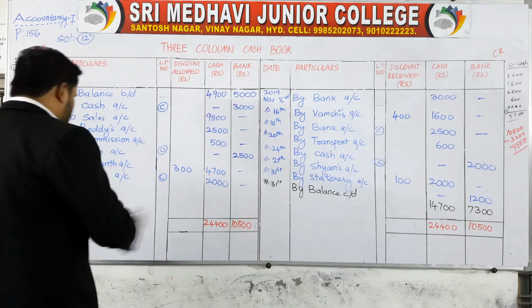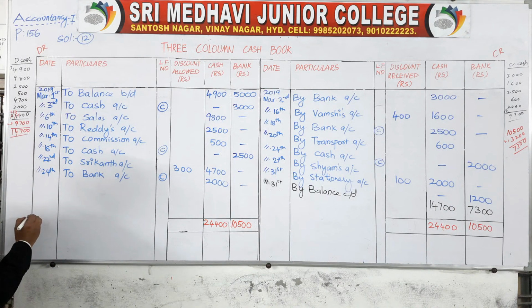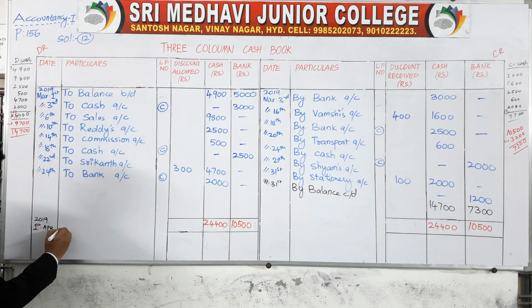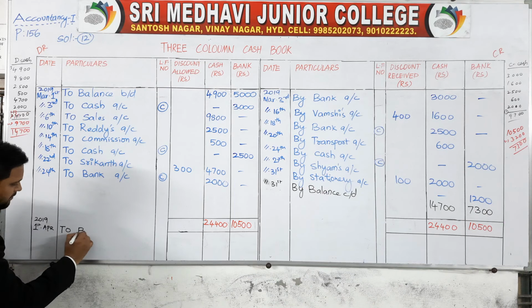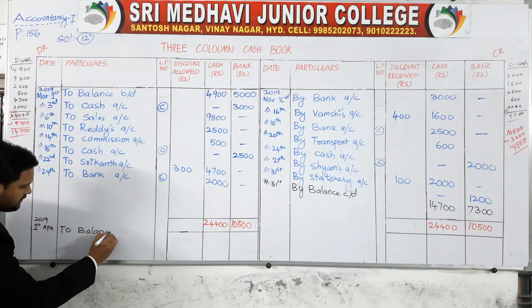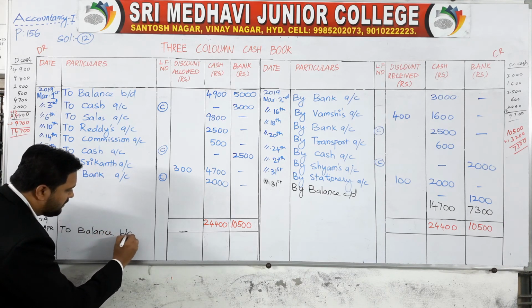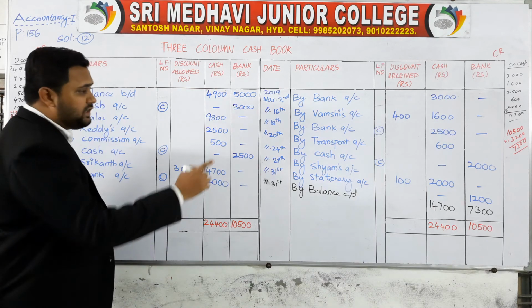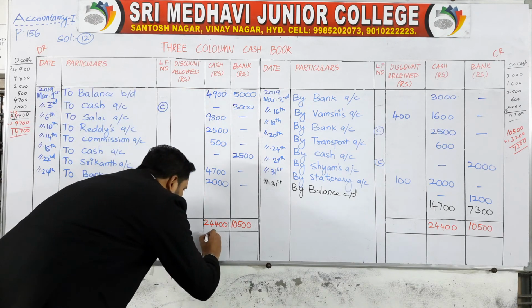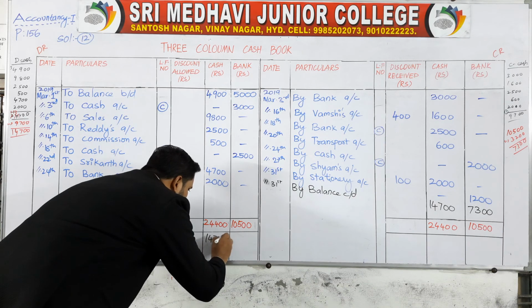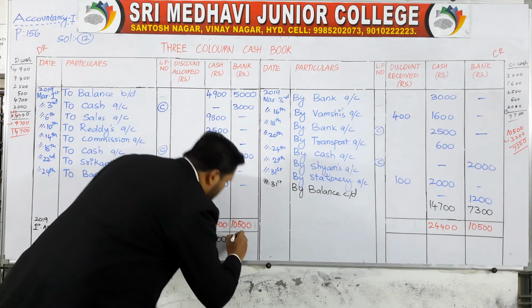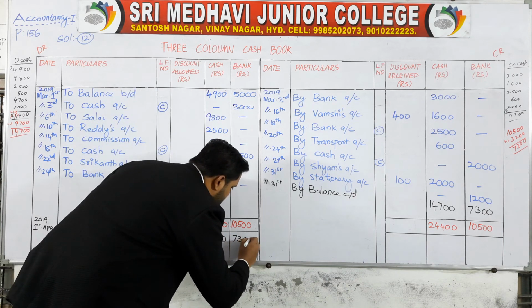Here transfer the balance on the very next date, 2019, 1st April, to balance brought down. How much? 14,700 is the balance of cash and 7,300 is the balance of bank.